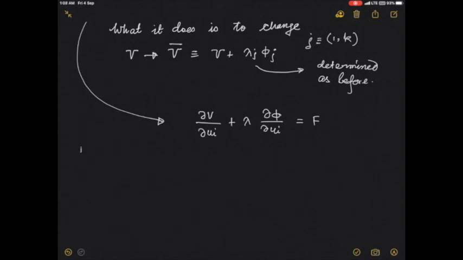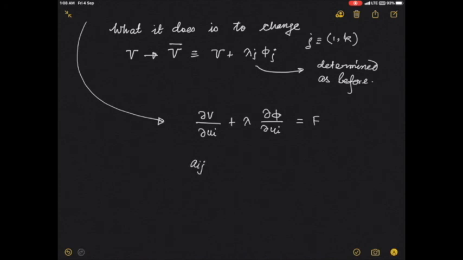So in this particular case, I have a holonomic constraint phi. If I did not have a holonomic constraint, the constraint would be written in terms of non-holonomic, that is non-integrable, terms.